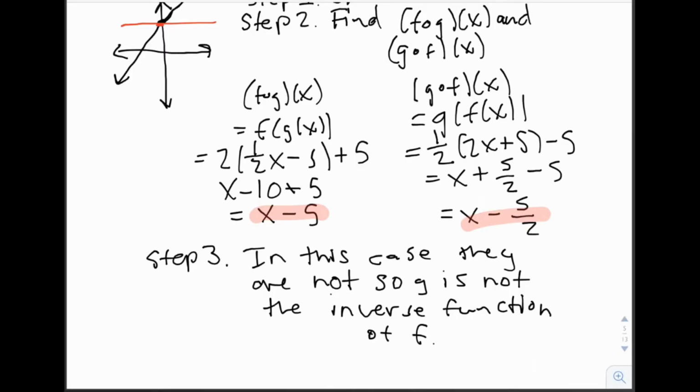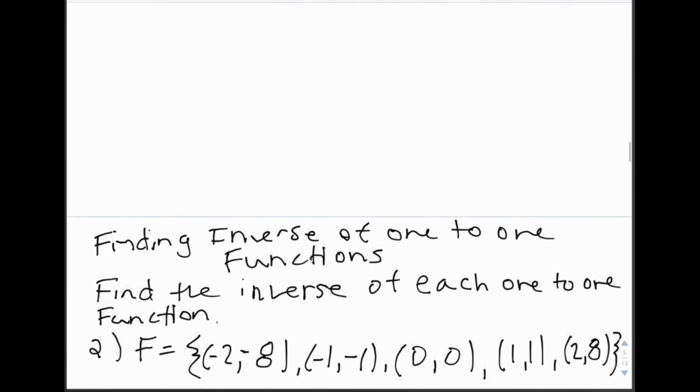Right? Because our f of g of x was not equal to x, it was equal to x minus 5, and our g of f of x was not equal to x, it was equal to x minus 5/2. So, all right, let's go ahead and move on.